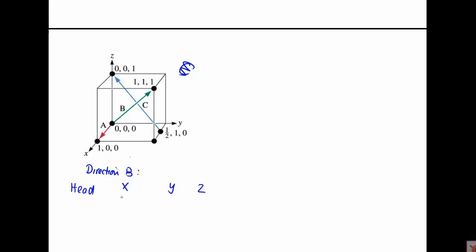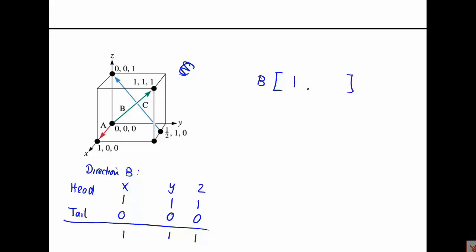Direction B, the coordinates of the head is 1, 1, 1. The coordinates of the tail is 0, 0, 0. Subtract: 1, 1, 1. Put the numbers in the brackets. If there's a negative, put a bar over that number. We don't need to clear fractions, so we can go directly to writing the Miller indices of direction B as being 1, 1, 1.